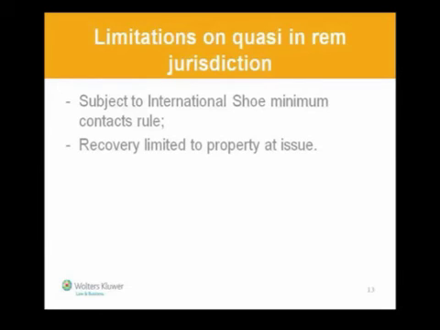By contrast, if the ownership of the boat were at issue, as in the first type of quasi-in rem jurisdiction, its presence would likely be a close enough connection to permit the court to exercise jurisdiction.